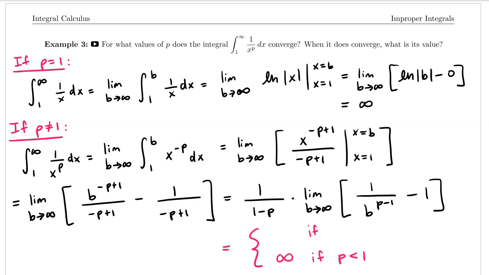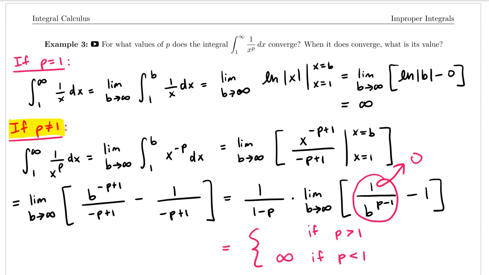Now, suppose p is greater than 1. Remember, we're not considering the case when p equals 1 because we started off saying p does not equal 1. So we're considering the two cases if p is greater than 1 and if p is less than 1. Now, if p is greater than 1, what happens is this fraction right here is going to go off to 0.